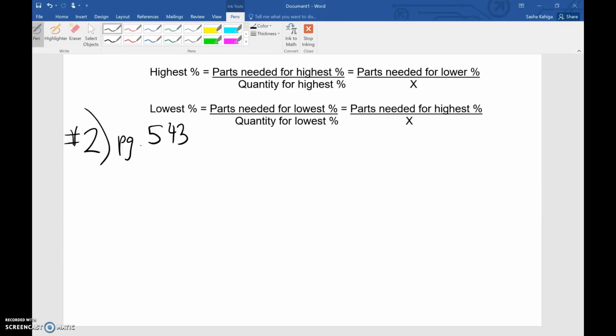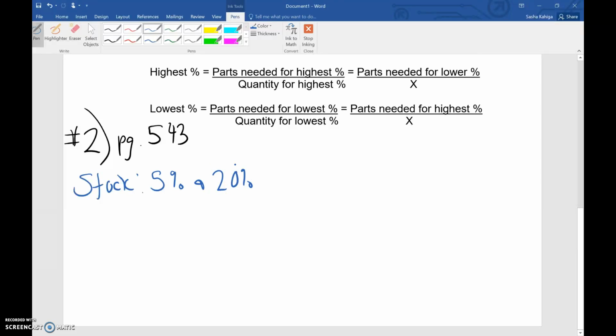All right, you guys. So let's look at number 2. We're still on page 543. And so number 2 states that available are 2 ointment strengths containing 5% boric acid and 20% boric acid. So what that means, I'm going to identify my components. That means that in stock, I have a 5% and a 20%, correct?